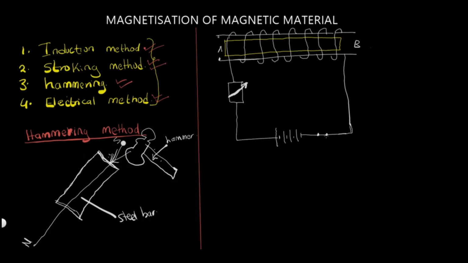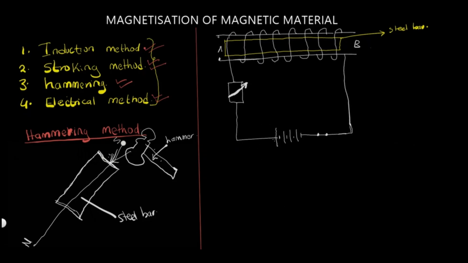So when you close this circuit, current will flow through this path, and this steel bar will get magnetized. Now how can you know the north pole and the south pole from this method? For you to know the north pole and south pole, it will only depend on the direction of the current flowing in the circuit.